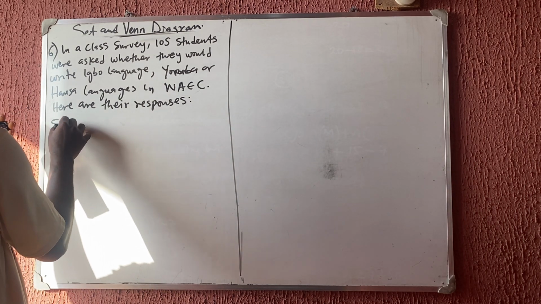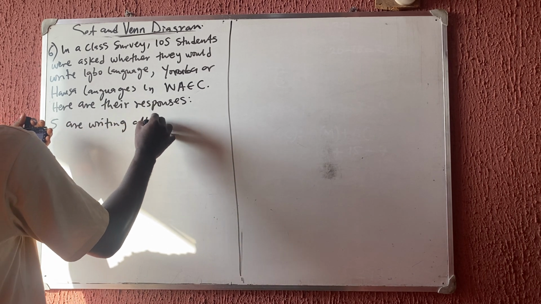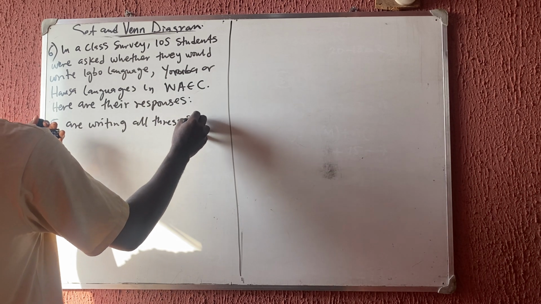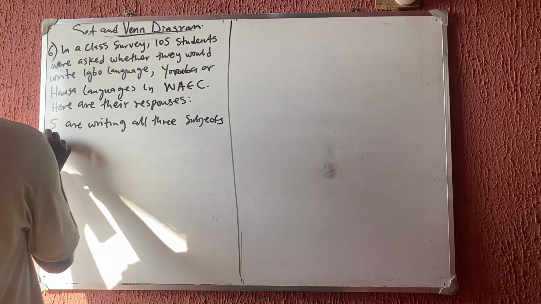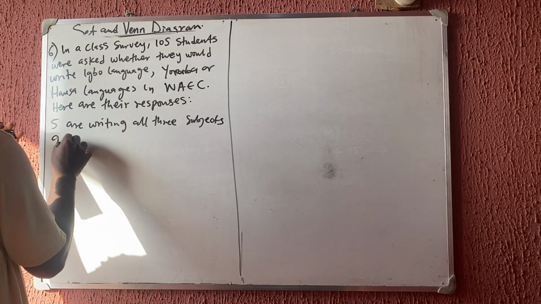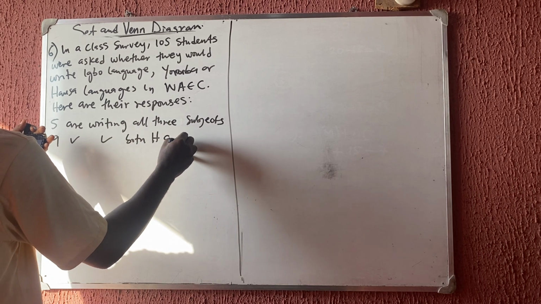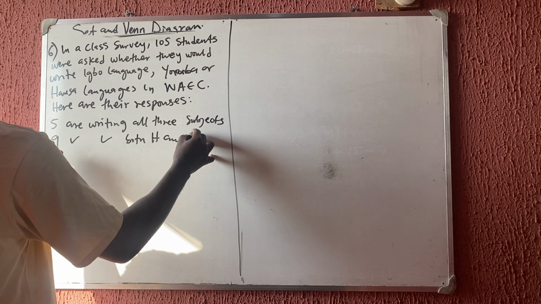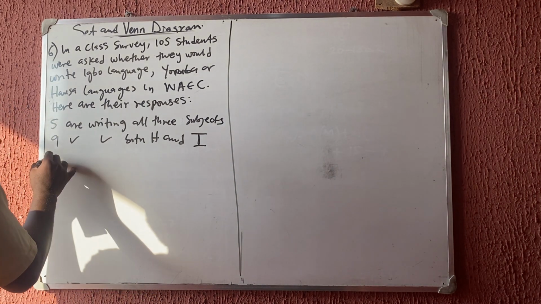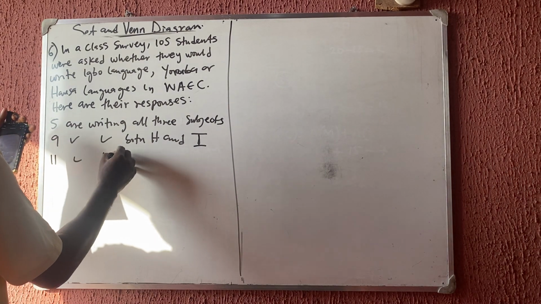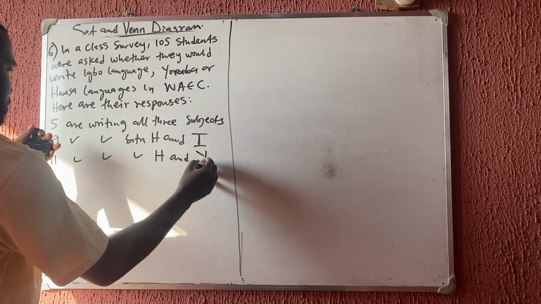Okay. 5 are writing all 3 subjects. Okay. 9 are writing both Hausa and Igbo. Please permit me to use abbreviation. So the next one, 11 are writing both Hausa and Yoruba.